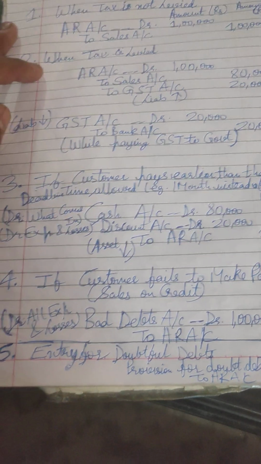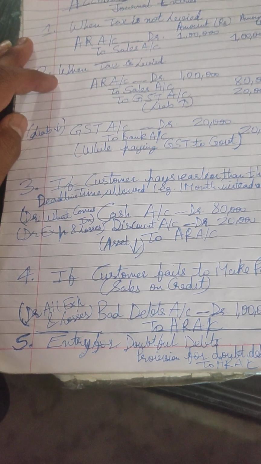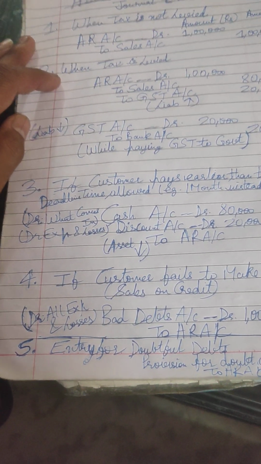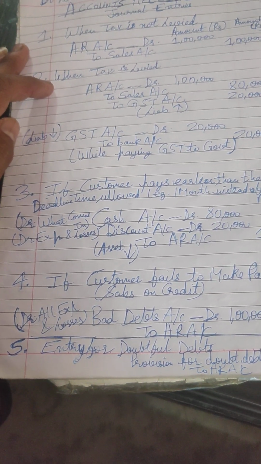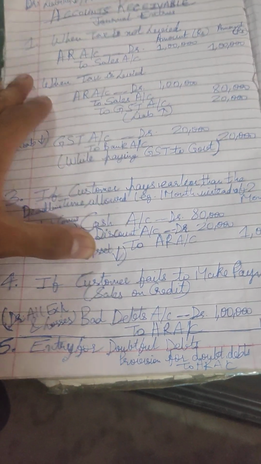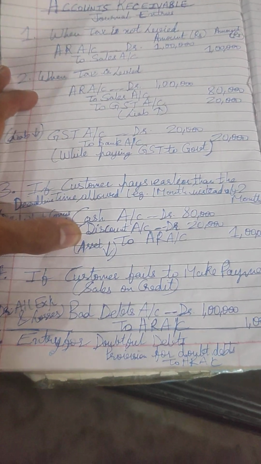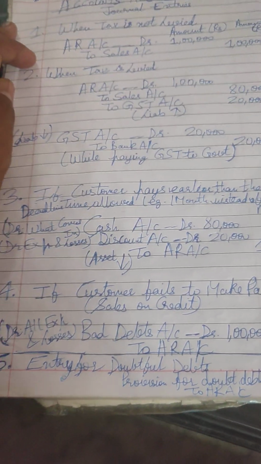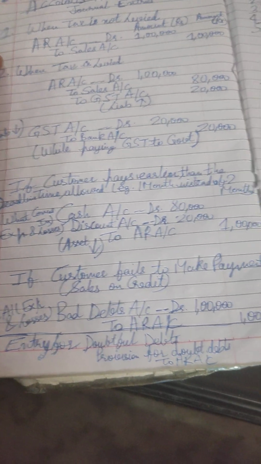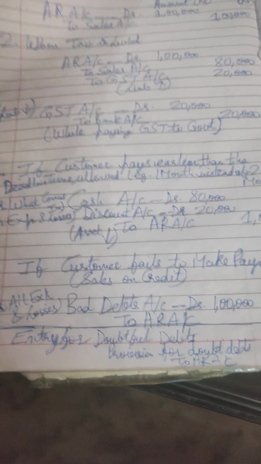Cash account debit, because debit what comes in, and discount account debit, because it's an expense for us, and as per nominal account rule, debit all expenses and losses. So discount account is getting debited to AR account, क्योंकि जो कस्टमर से हमने लेना था वो सारा बैलेंस ख़त्म हो गया. और एसेट जब भी डिक्रीज़ होता है, तो क्या होता है? क्रेडिट होता है. So that's why the entry is cash account debit, discount account debit to AR account.